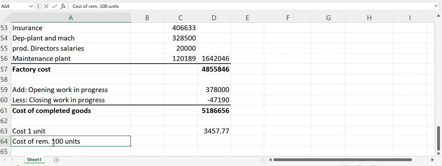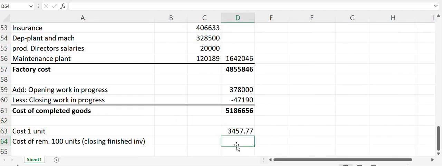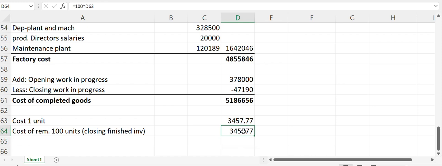And this should give us what we call closing finished inventory. You know, we don't have the value for closing inventory of finished goods. So we are going to say it is the 100, we multiply that by this. So this value here is the value for closing inventory of finished goods. Okay.